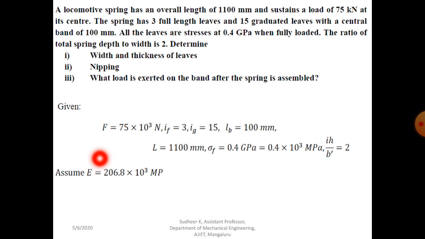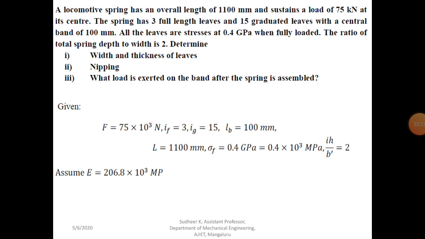The value will be 206.8 into 10 to the power 3 megapascal, which you get from the table at the beginning of your data handbook, I think table 1.1.